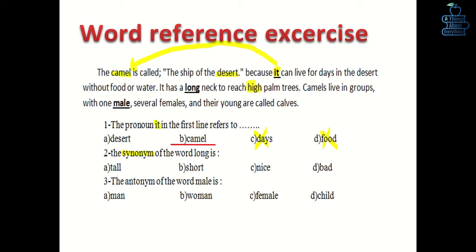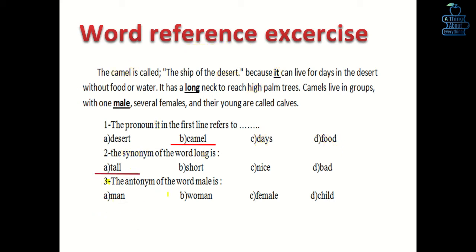From the word "high," I understand that "long" means that something is high. It is not short, okay? So "short" is the antonym of "long." "Tall" has the same meaning, so it is the correct answer.